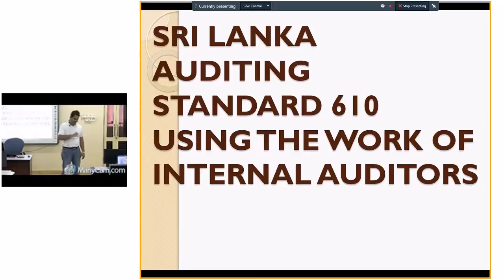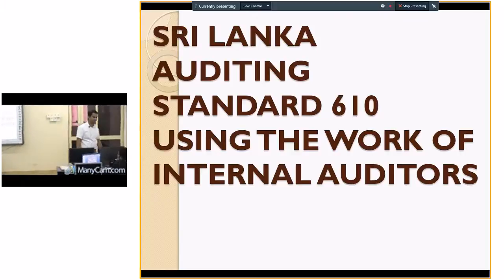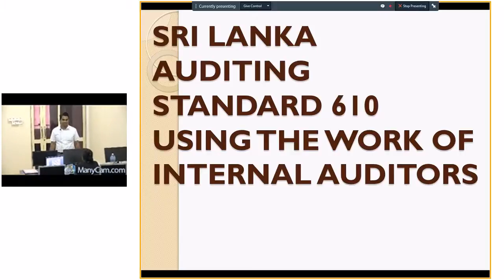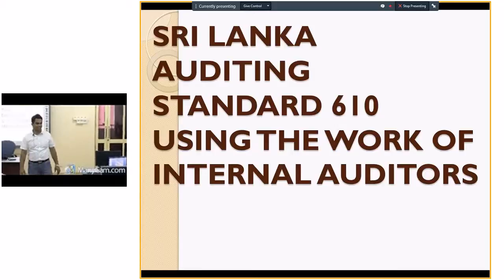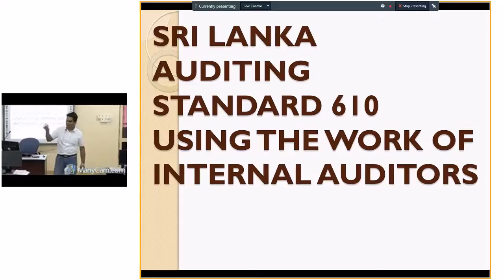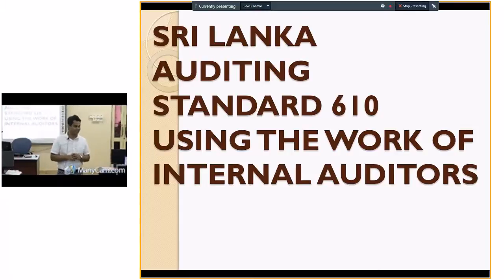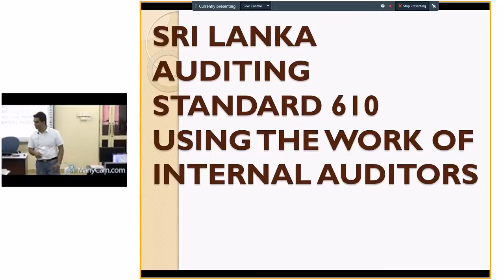We can get an idea about the internal control system by referring to the internal auditor's work. Any other clarifications? What else? Any more comments?